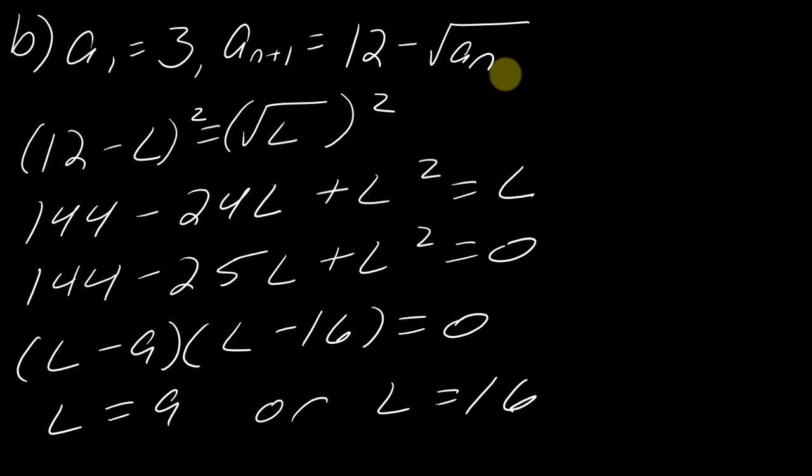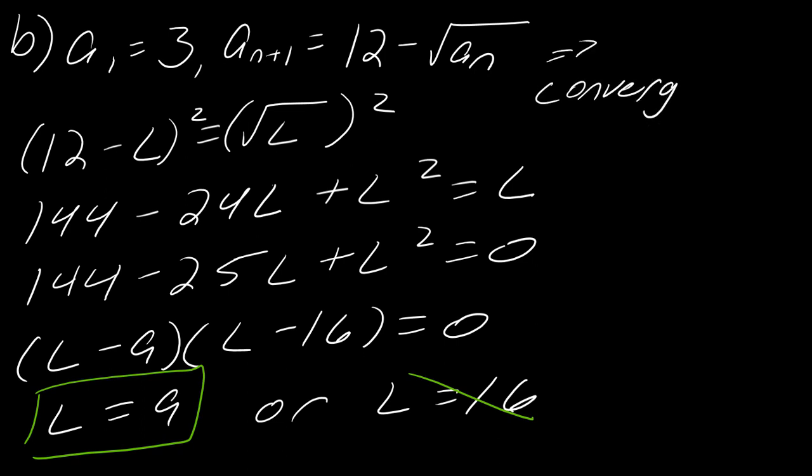It's always going to be 12 minus this, so this limit is never even going to approach 16. So I can feel pretty confident to throw it out. But maybe it'll eventually get to 9. We'll think maybe it does. So that will be the limit in this case. And since there is a limit, we can say that this converges.